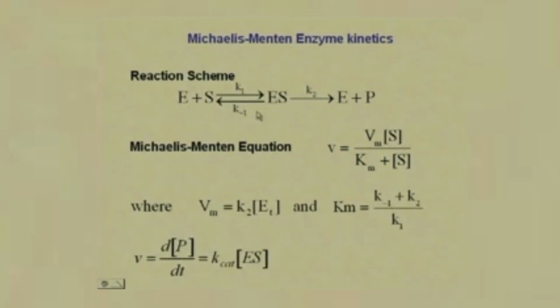So this reaction can have a limiting value for the velocity of the reaction, which is given by the K2, which we will see is also called the Kcat, the catalytic rate constant, and the total enzyme concentration, because the velocity cannot increase beyond this value because the amount of enzyme is limited.